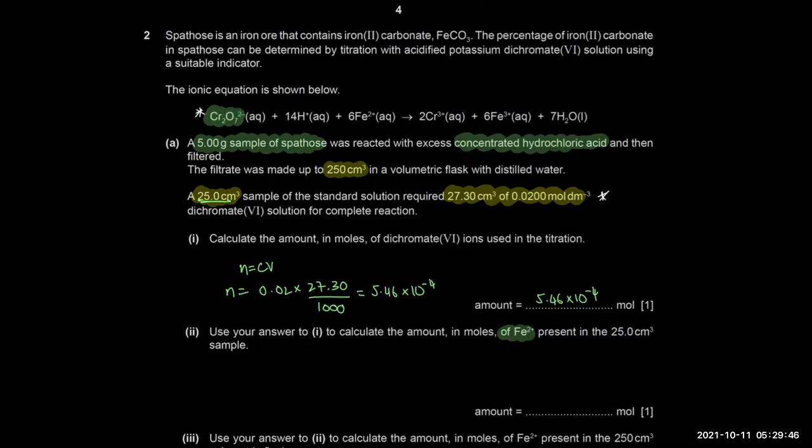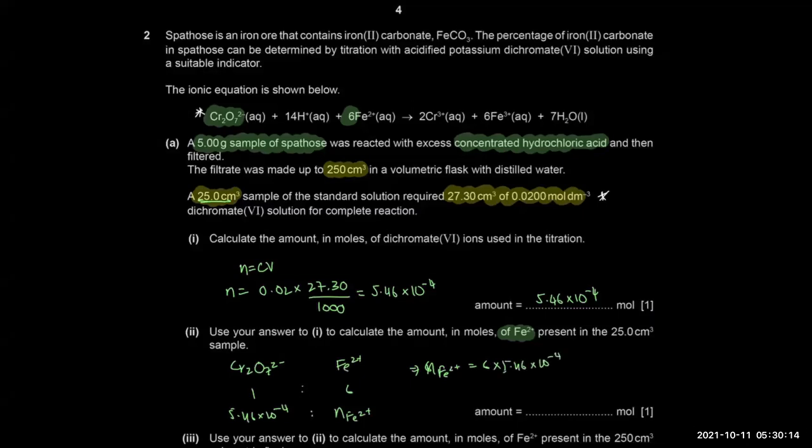So we have a ratio of 1:6, right? We know that for every 1 mole of dichromate we needed 6 moles of iron 2 plus. So if I have 5.46 times 10 to the power of minus 4, how many moles of Fe2 plus do I have? So that's just 6 times 5.46 times 10 to the power of minus 4.